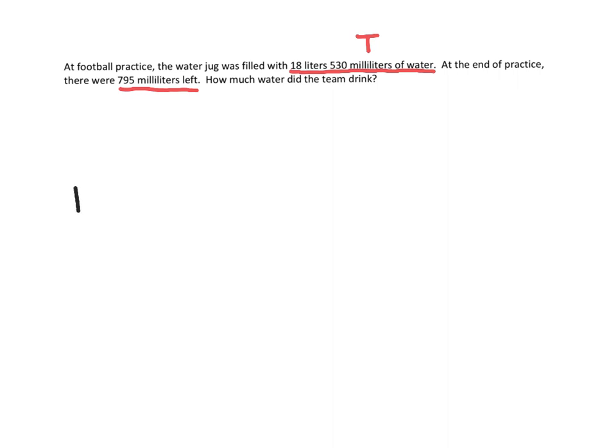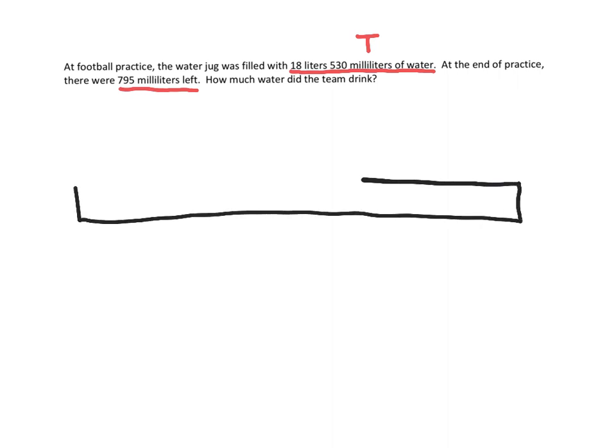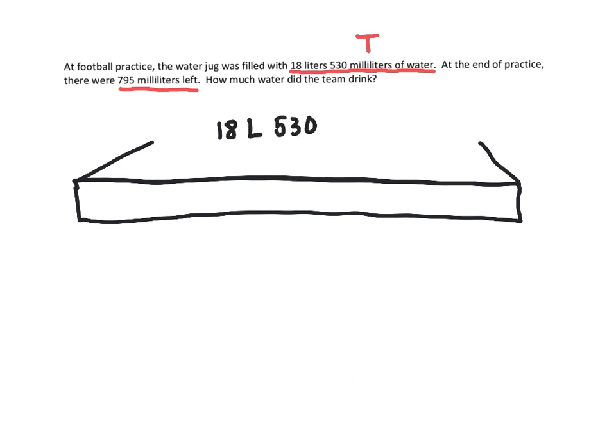So let's build a big tape diagram. And this whole jug was worth 18 liters, 530 milliliters. All right? And they drank, let's make some blue because it is water. They drank all this water. All right?